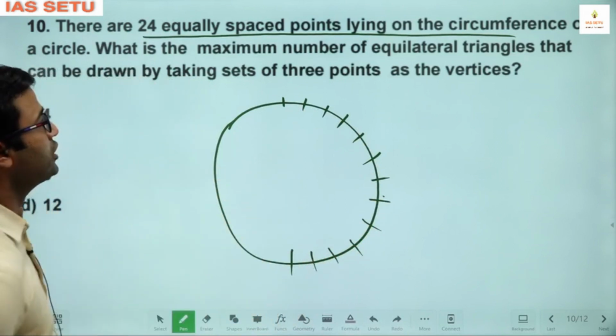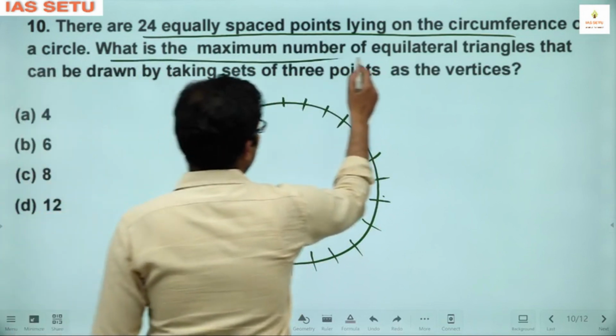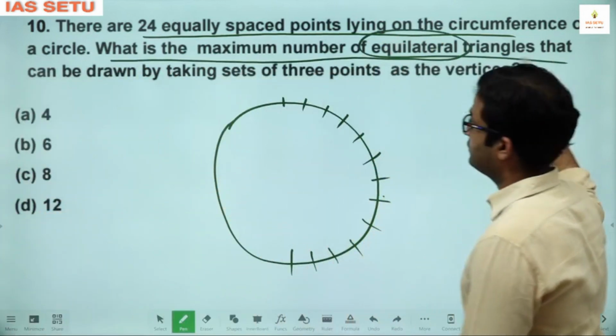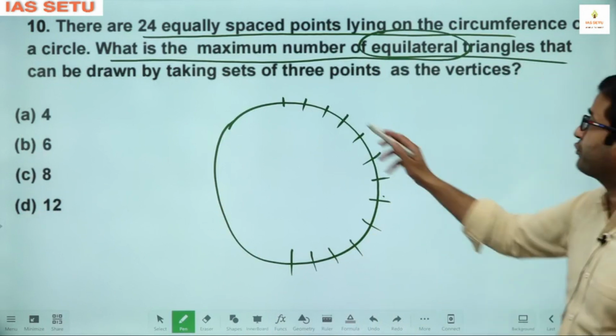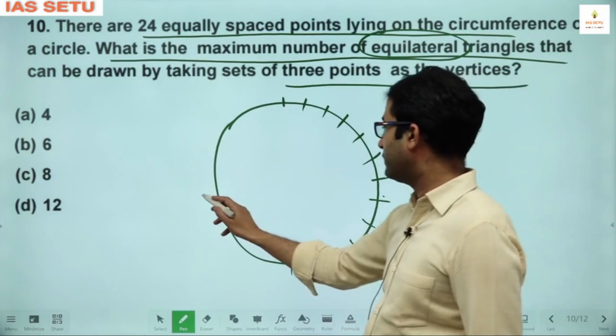We have 24 equally spaced points. What is the maximum number of equilateral triangles that can be drawn by taking sets of 3 points as vertices? Equilateral. So what is important here?